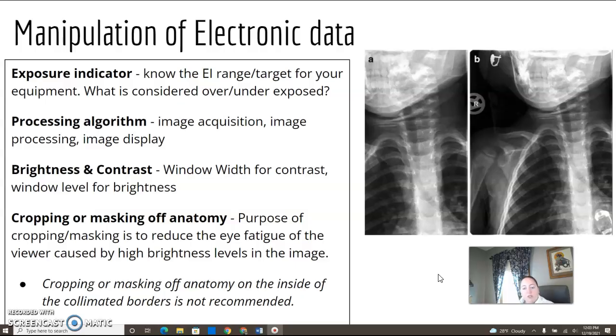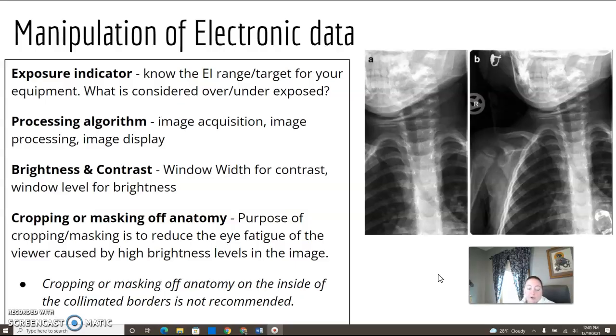So when it comes up on your screen, you can use your options to adjust the contrast using the window width and then window level for brightness. Not all machines, you have to choose them separately. It depends on which way you're moving your mouse, up and down or left to right, that will change those.